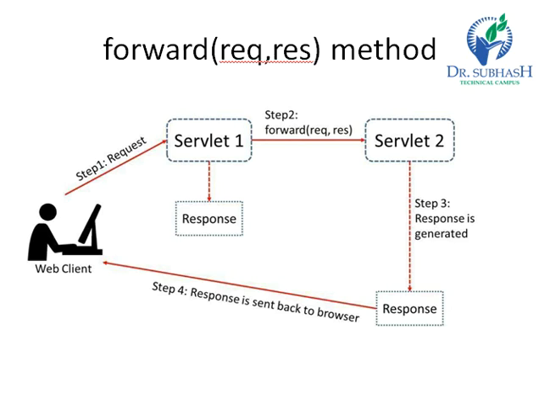So in step 2, the forward method is called and the particular request and response objects are passed to the servlet 2 file. Now the servlet 2 file executes that request and generates some response.